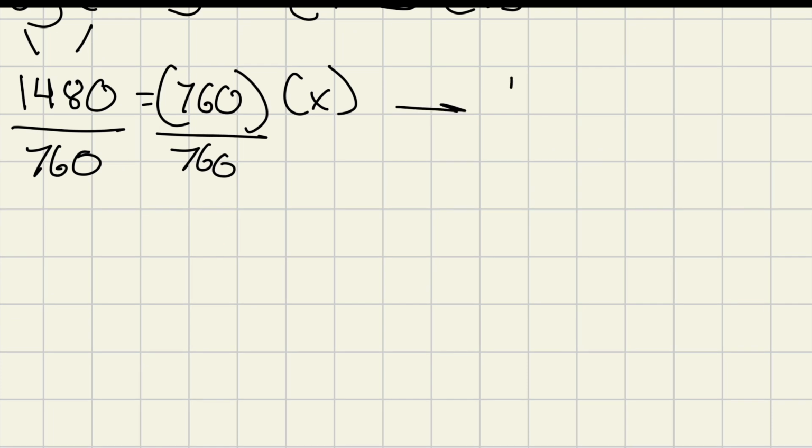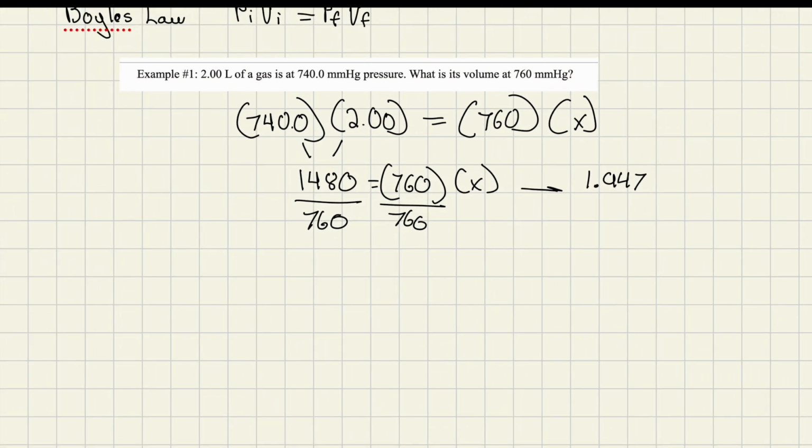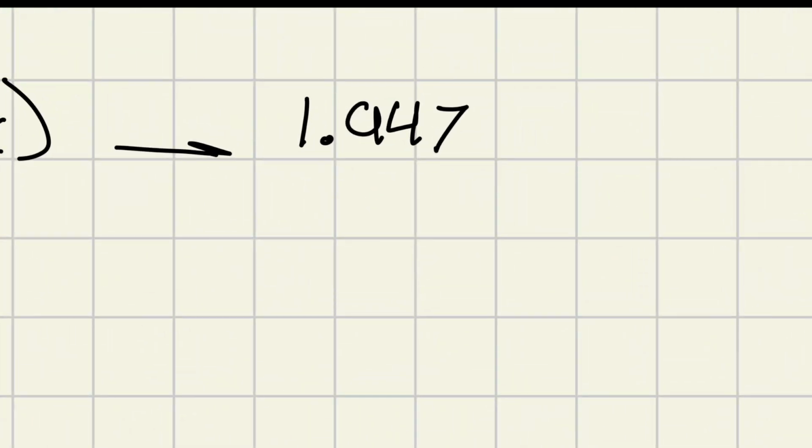So we'll get about 1.947. Now we gotta check sig figs. So this would also round up to, I believe we can say it rounds up to 1.95.